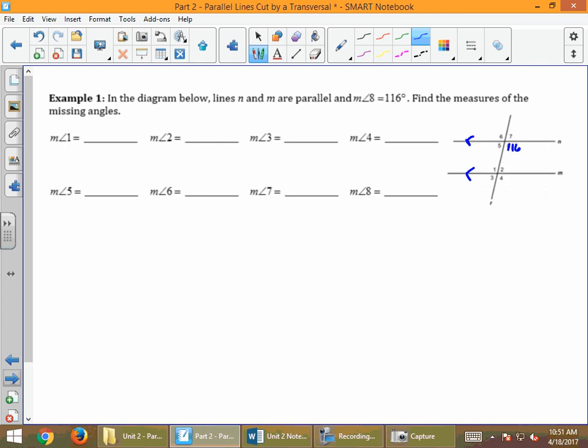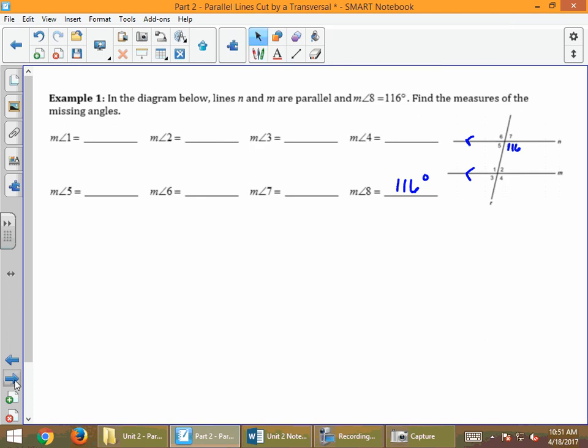We're just going to take that information and find the measures of all the other angles using what we just talked about at the top and what we talked about in the previous lesson. Okay. Well, we already know angle 8 is 116 degrees, so I'm going to write that down here. Well, let's think about how we can find another angle that's the same.